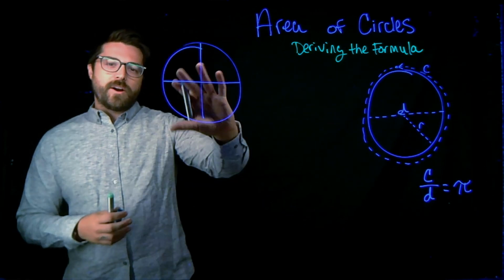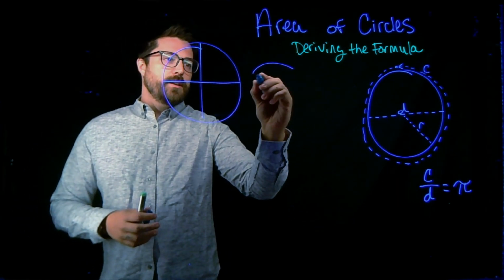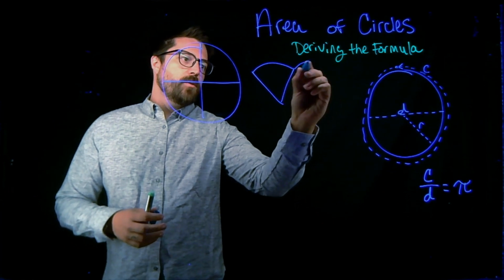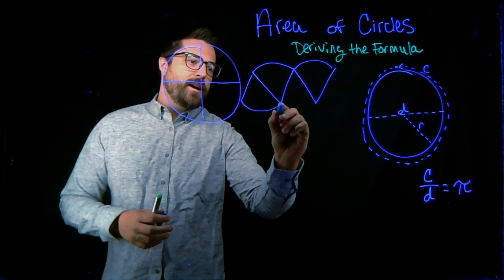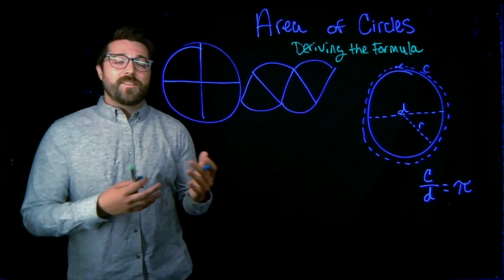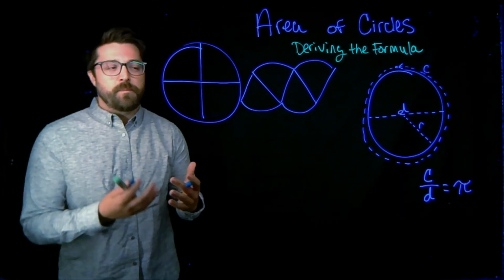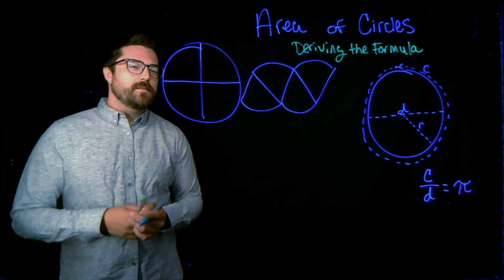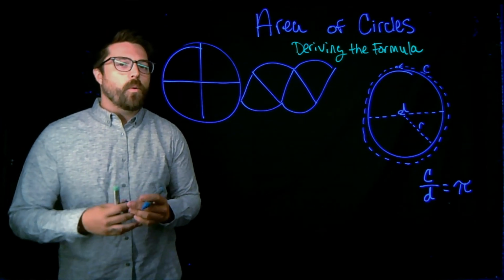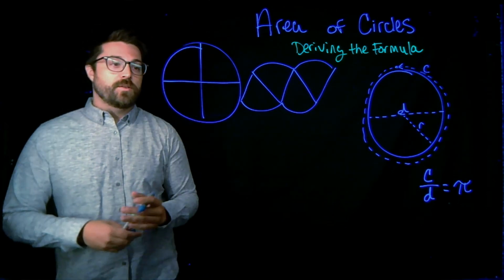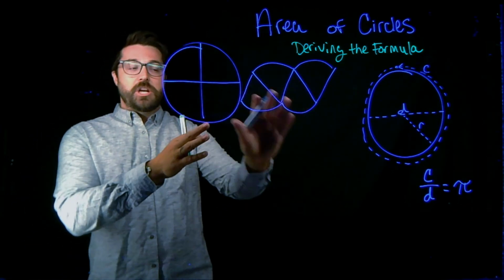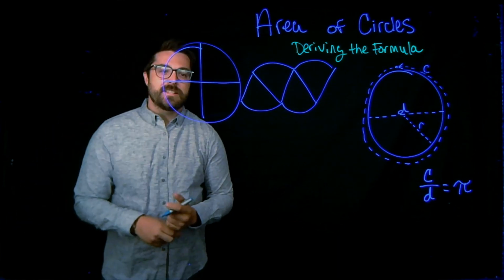And so if I were to rearrange these pieces sort of like this, I get a shape that is not a rectangle, not a parallelogram, not a polygon, but it's getting there. It's more rectangular. It's more like a parallelogram than the circle. And if we're talking about area, I haven't changed the area. The space inside is the same.